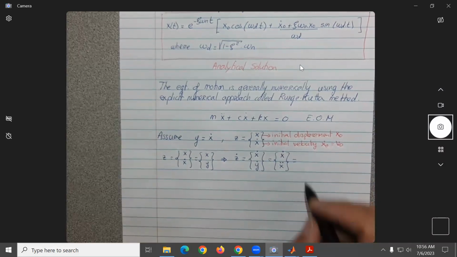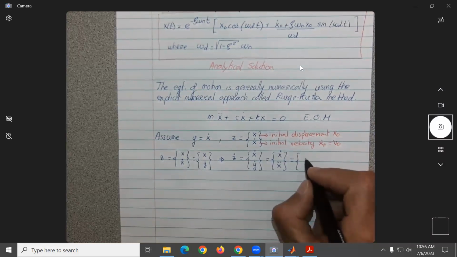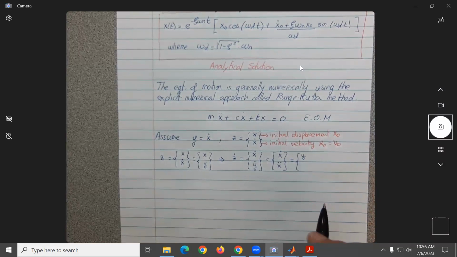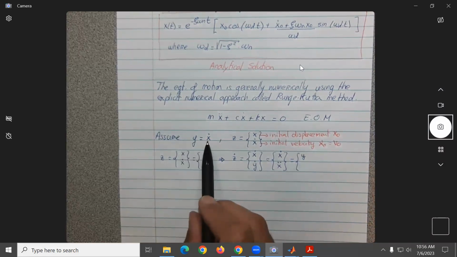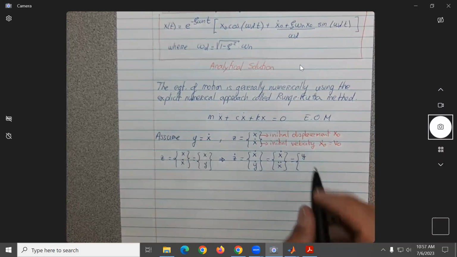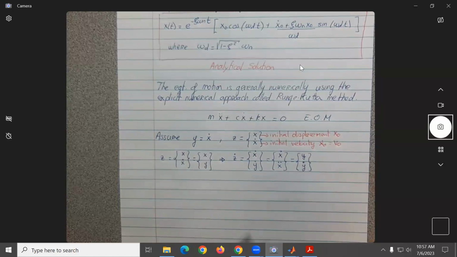It's all notation, okay? So this is not that important. Or this could be equal to y, because by definition, y is equal to x dot, and this could just be y dot.